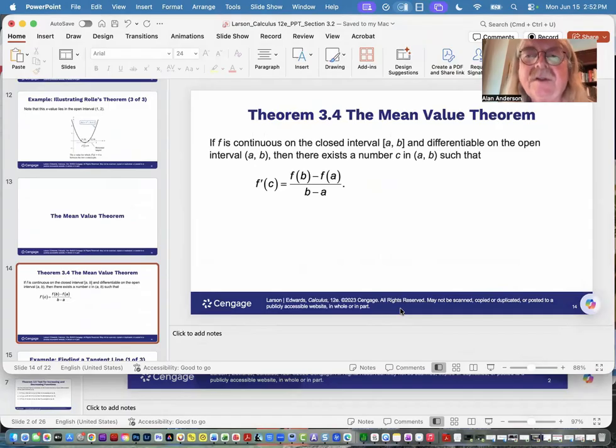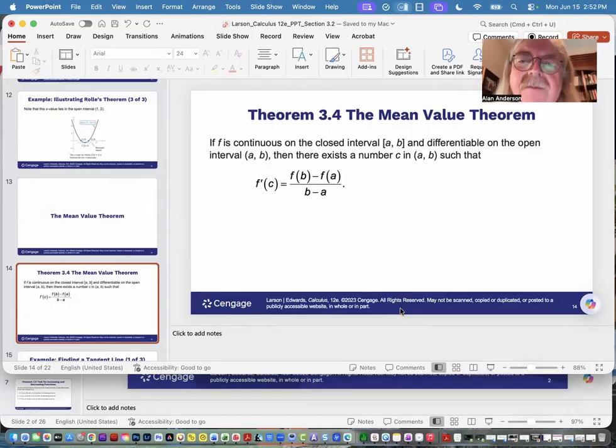Now, the mean value theorem, we've seen this before, but this time it has a different significance. This time we're saying that if f is continuous on the closed interval from a to b and differentiable in the open interval a to b, just like Rolle's theorem had the same assumptions, then there's a number in that interval c, but there's one more difference here.